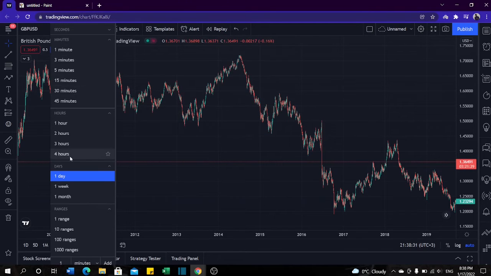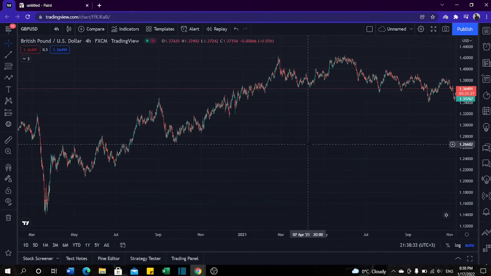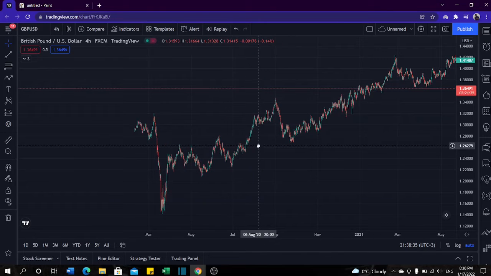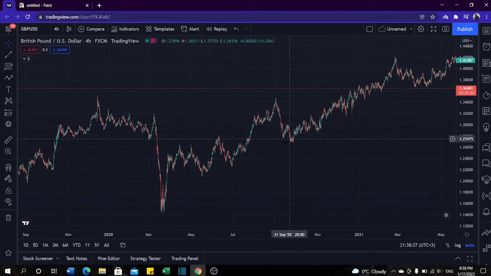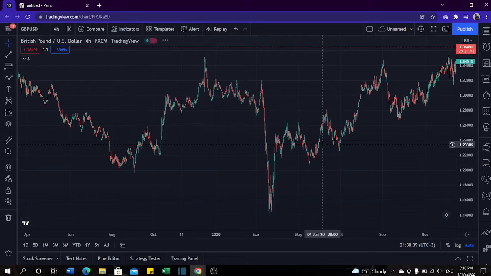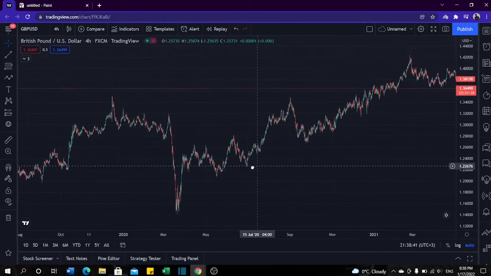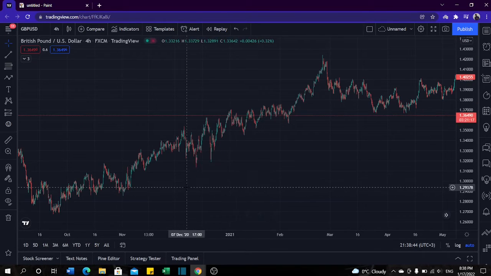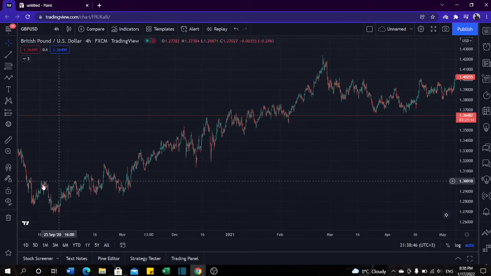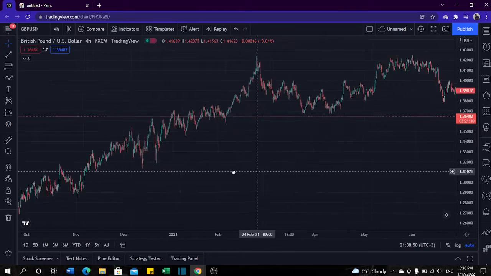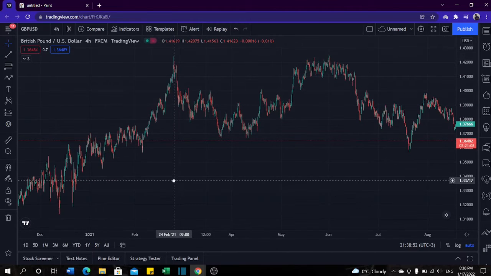Let's go to the 4-hour time frame. I want to choose an area with an uptrend, a more clear area where you can be able to see how we can get to use the Fibonacci. Let's use this for example. This is very messy. I want to use a very clear uptrend so you can be able to see what I'm talking about.